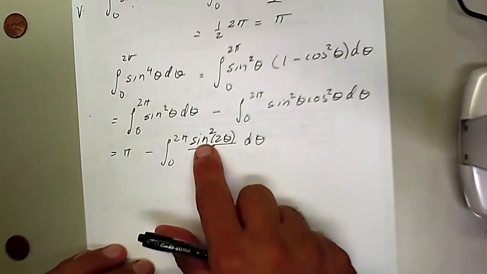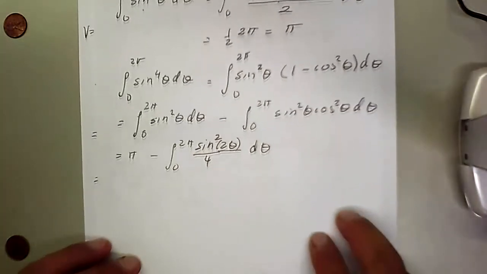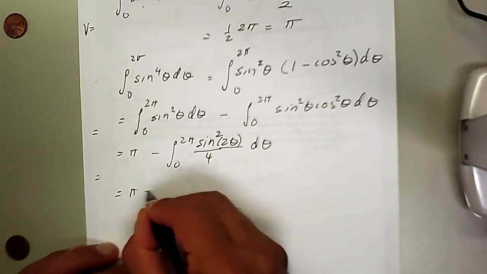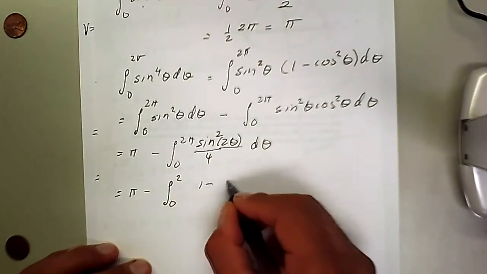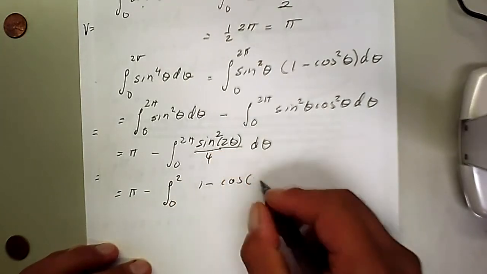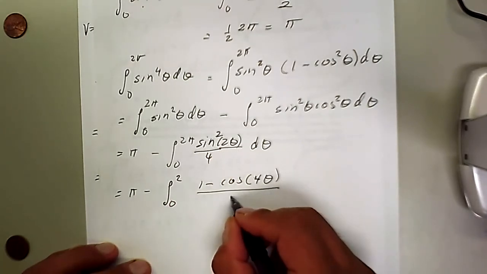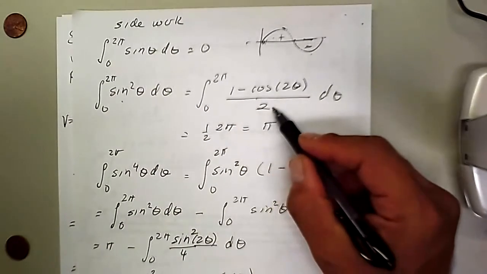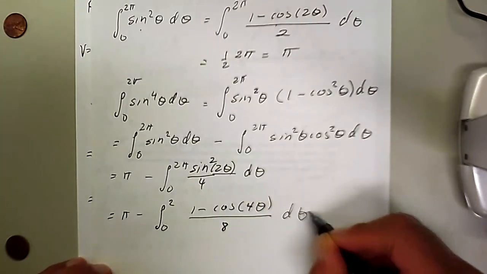But then the sine squared, using the same trigonometric identity we applied here, is going to give us pi minus the integral from 0 to 2 pi of 1 minus cosine of double this angle, 4 theta, over 8. Technically speaking, it should be over 2, but we already had a 4 in there, so that's how we get an 8 d theta.